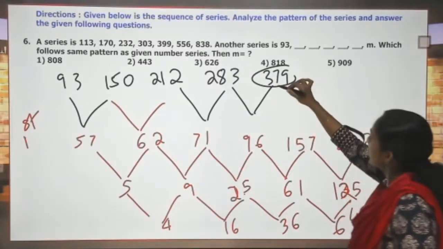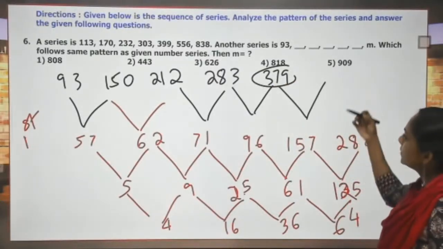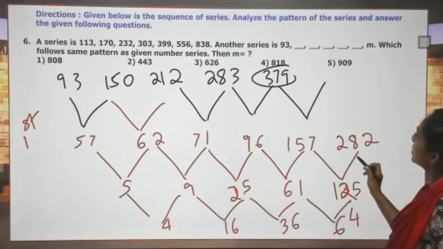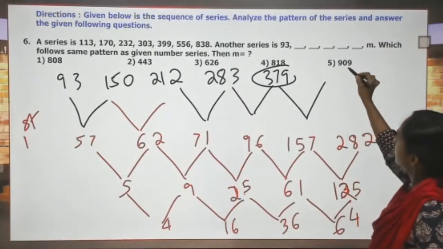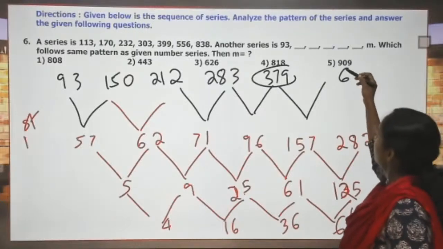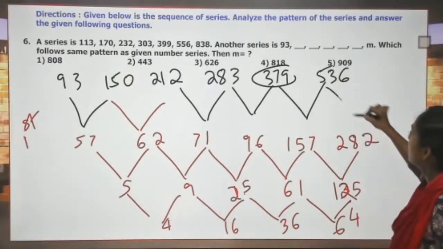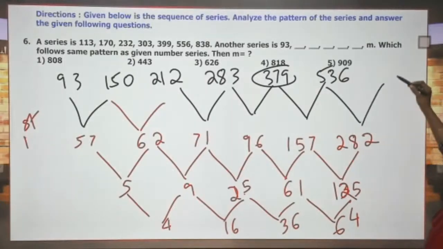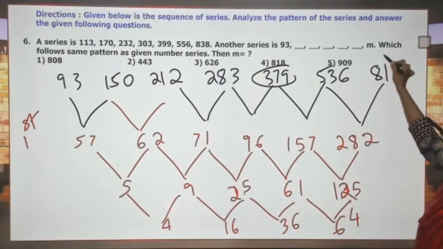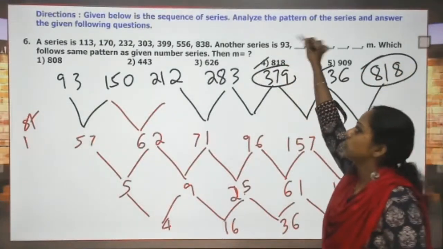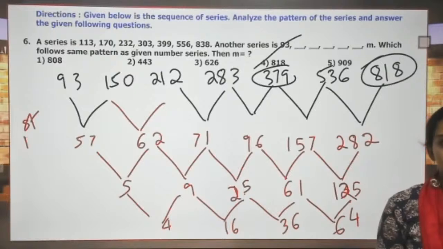Next, 379 plus 157, so that is 536. 536 plus 282, so that is 818. So our answer is 818. That is option 4, 818.